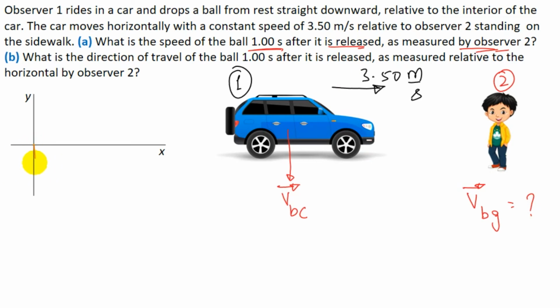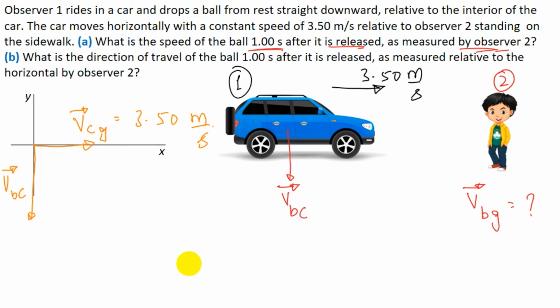So this is the velocity of the ball relative to car, which is directly downwards as per the question. Now the car is running in the horizontal direction, so this would be the velocity of the car relative to ground, and its magnitude we are given to be 3.50 meter per second.